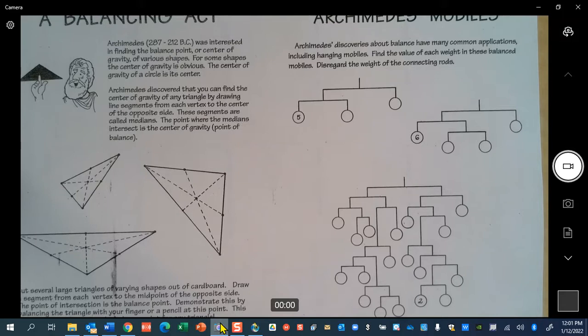The size and the weight of this lightning and this cloud had to be the same as this cloud in order to keep the airplane balanced. So the way that this mobile works depends on that exact balance. That balance point that we found in the middle of our triangles with the centroid created by the medians created that same kind of balancing.